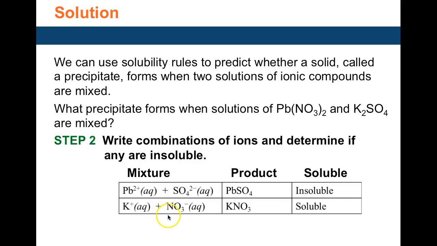So when you mix them together, these are all the ions present, and when the lead and the sulfate join up, the lead 2 sulfate is insoluble, so it comes out of solution as a precipitate. The potassium and the nitrate still remain in solution because they are both soluble in water.